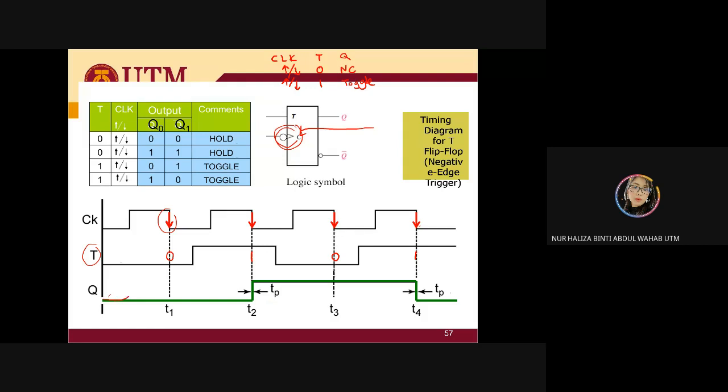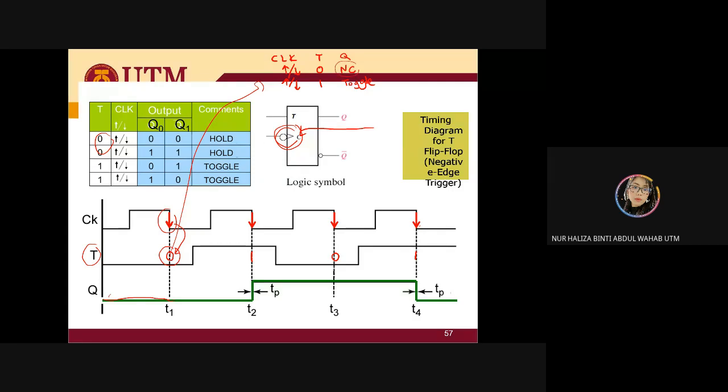until here only. But now our question is negative, so you're going to continue until the negative clock. At this clock, you check the input of T. Input of T is 0. So you refer to your table. 0 will be hold or no change.